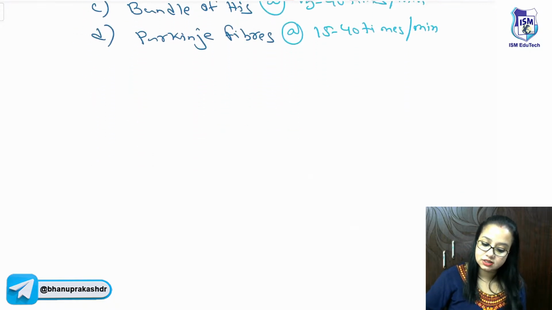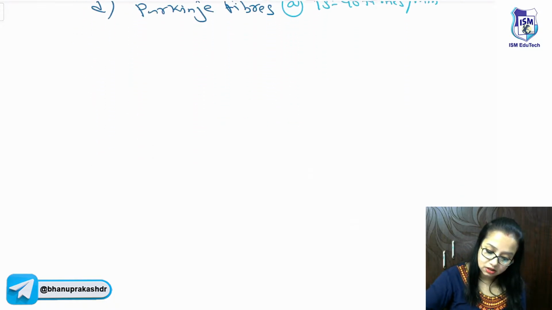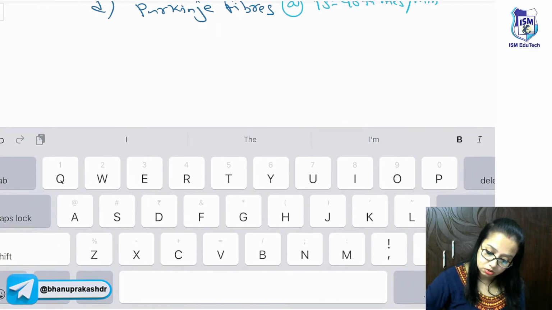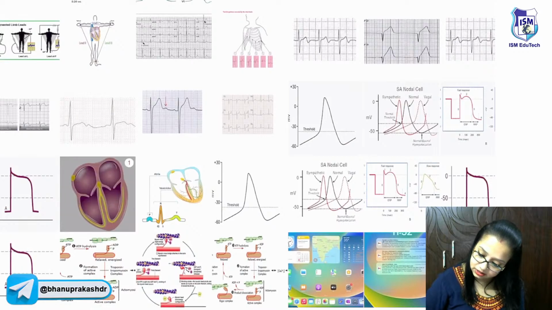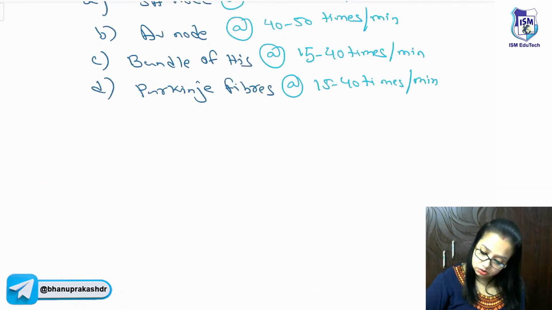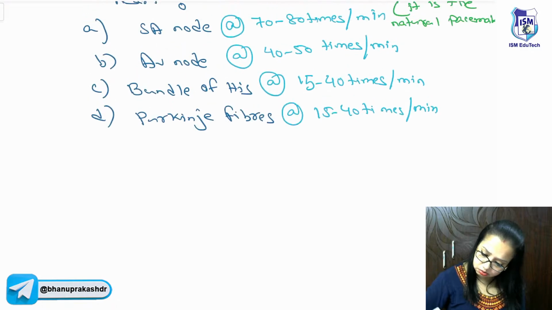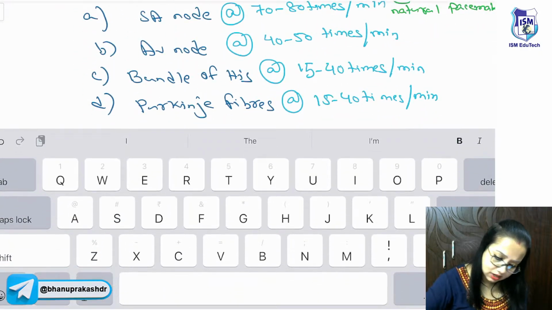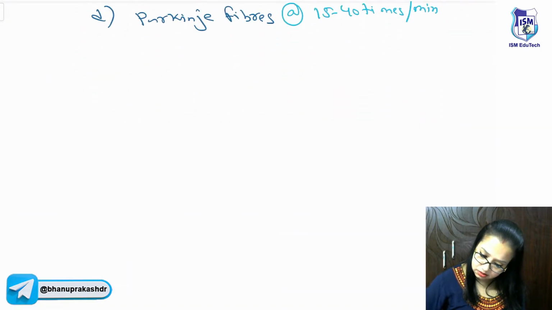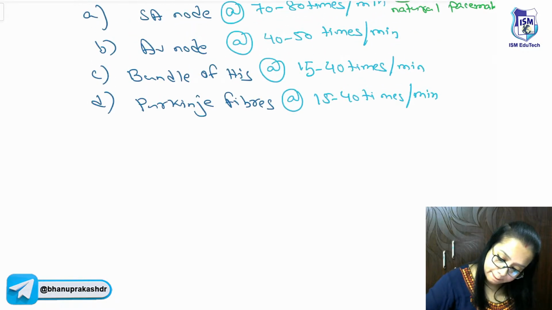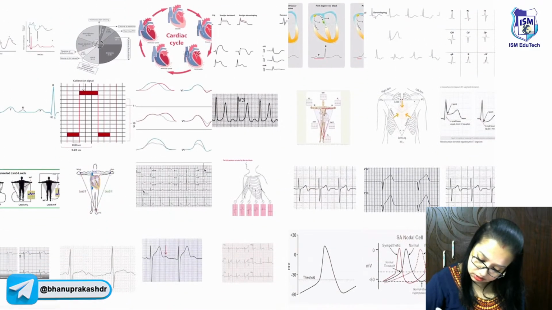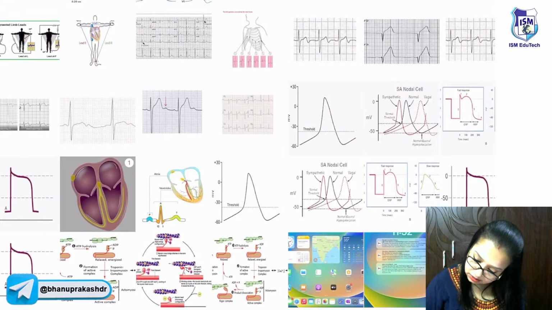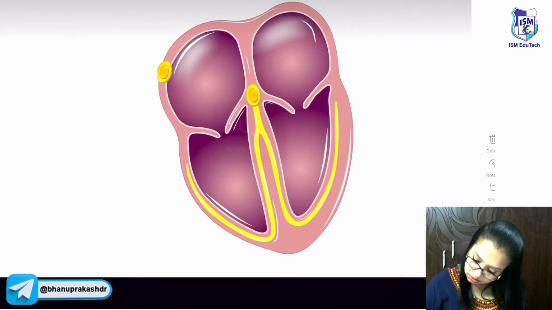Now, where is this structure located? Very quickly, we will go through the location of this structure within the heart. So, looking at the structures, this is the structure that we are going to use now.